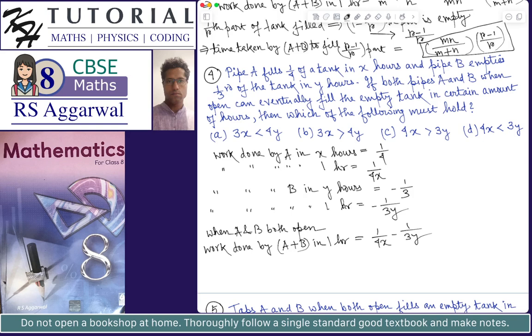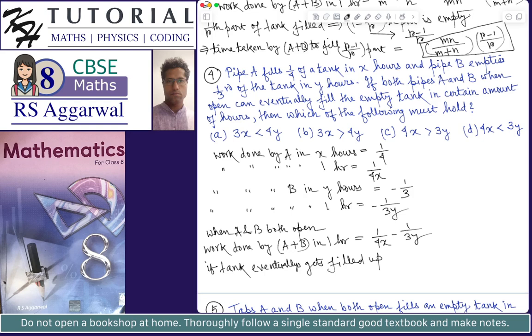Now we must know that if both pipes A and B are open and the tank eventually gets filled up, this means that per hour the tank is being filled.